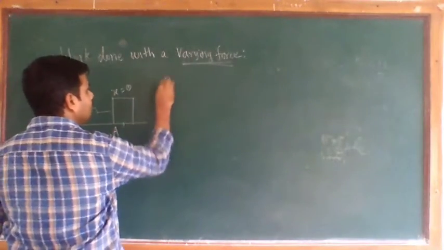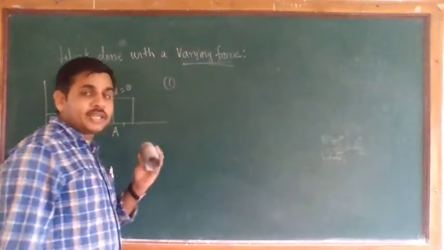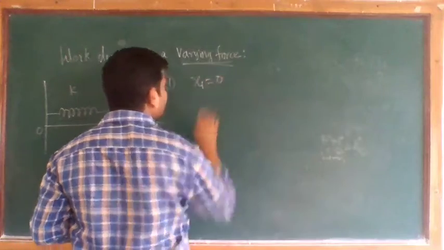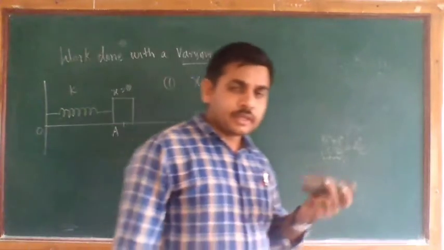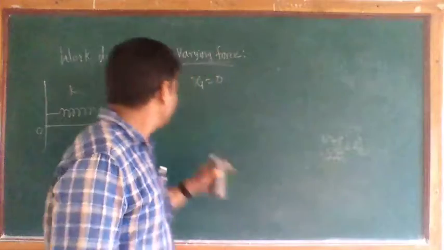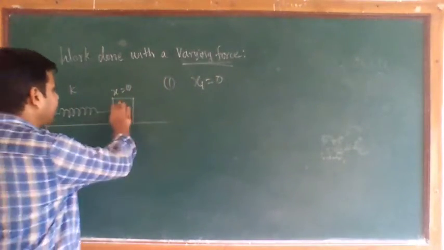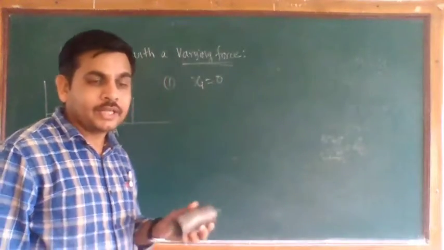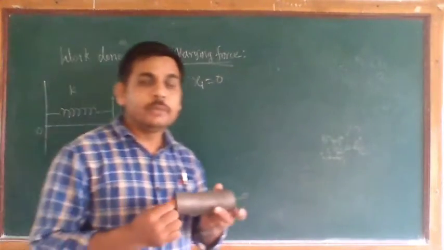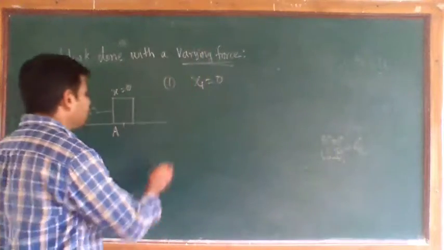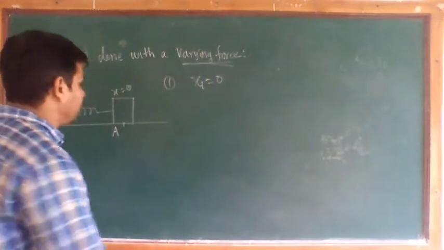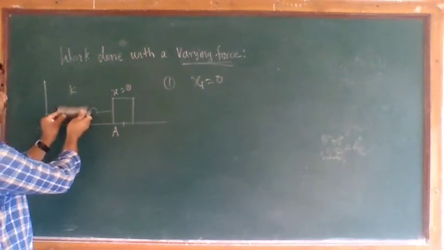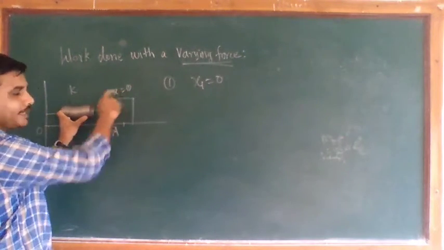First condition: the spring is in the natural condition. In that condition, x1 is equal to 0. In that natural condition, the block will be at steady state at x equal to 0, or we can say x1 is equal to 0. Finally, it will be stretched to the point x2, which is x.